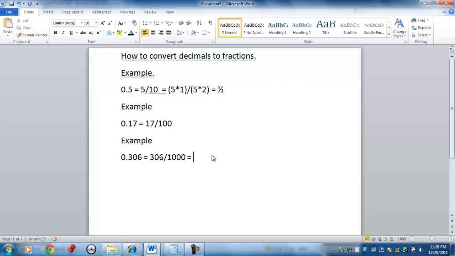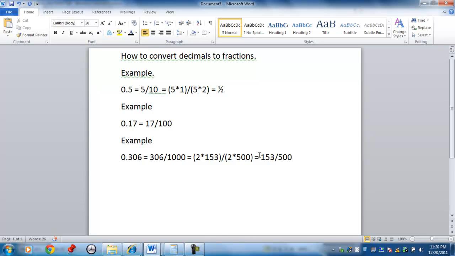So I could say 2 times 153, and then I could say 2 times 500. They share a common factor of 2. So I can reduce the fraction to 153 over 500.